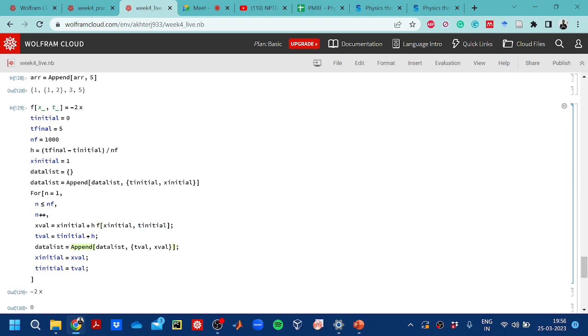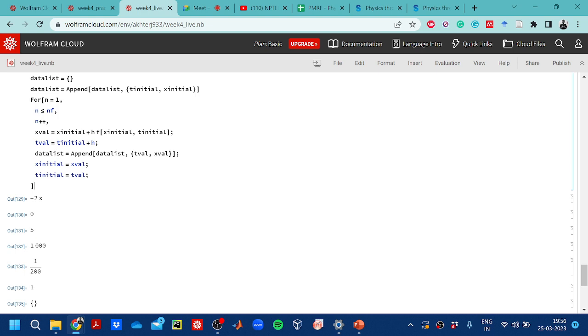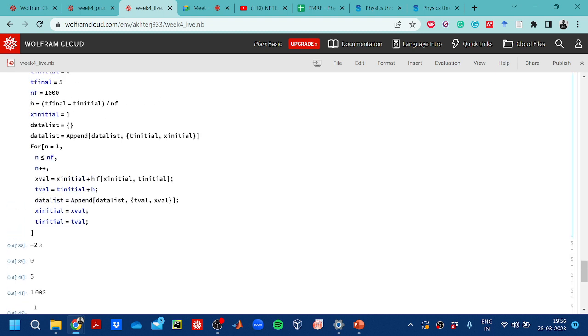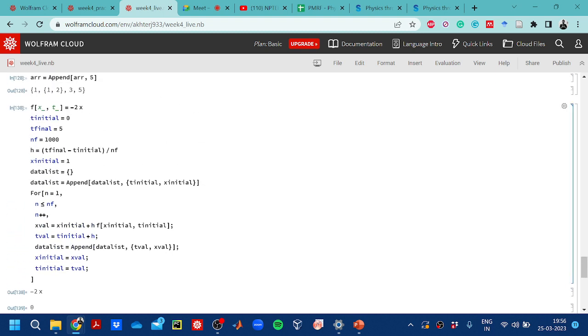That means the value that we get from the current loop, we are assigning to the x initial value for our next run, and the value of time we get from our current loop, we are assigning to t initial for our next run. So if we execute this, we will get the data set of the solution of our given equation. So let us execute this first.